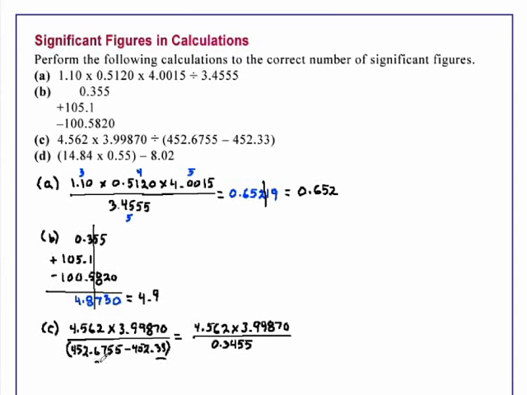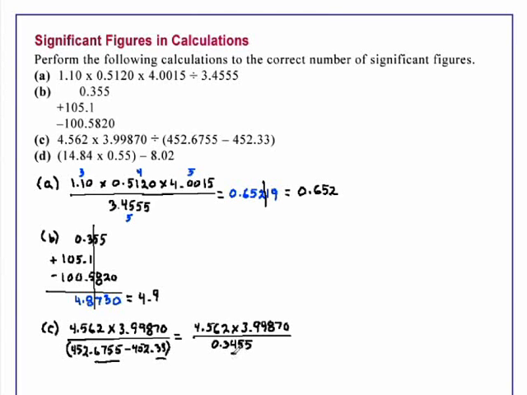We have 4 in this number, so this number should be rounded to the second decimal place. Now we're not going to do that now, because that could lead to what we call round-off error. But instead, we're going to note that this number is only good to the second decimal place, which means that in fact this number in the denominator has only 2 significant digits.